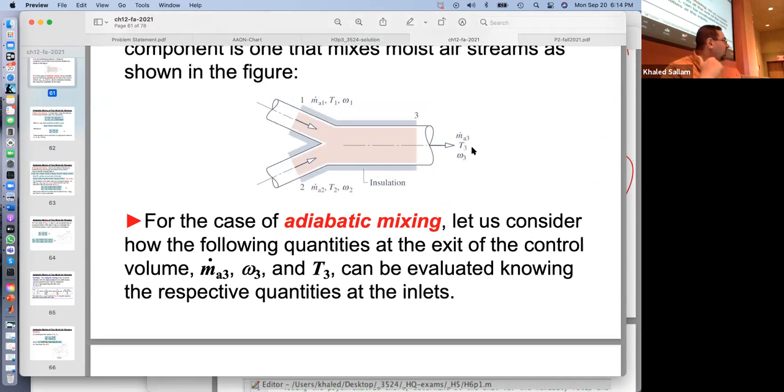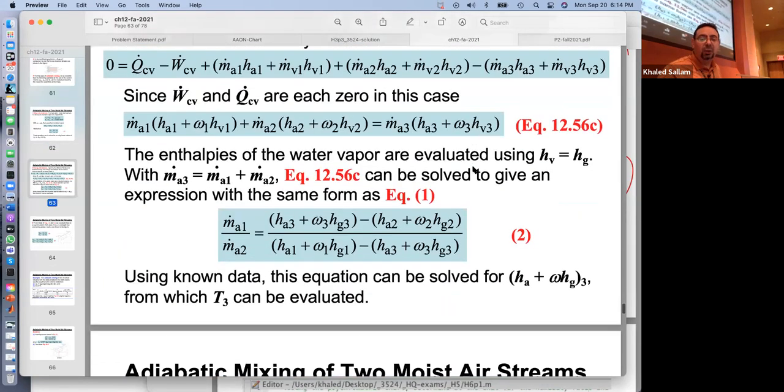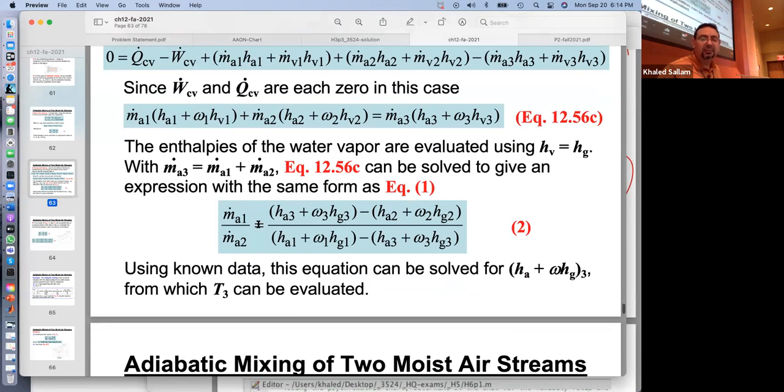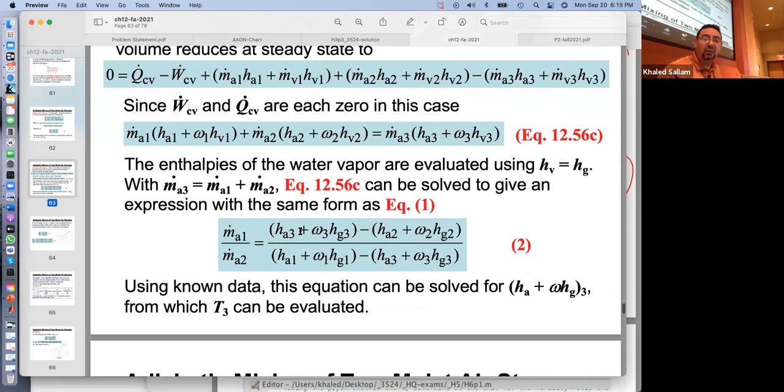We want to find out how humid the air is leaving, and how hot the air that's leaving is. T3. Okay. So the unknown here is this guy. I mean, H total is a function really of T3 and omega 3. So knowing this is like knowing T3. So this guy here and this guy here, it's the same guy, diagonal. And this equation, look at this.